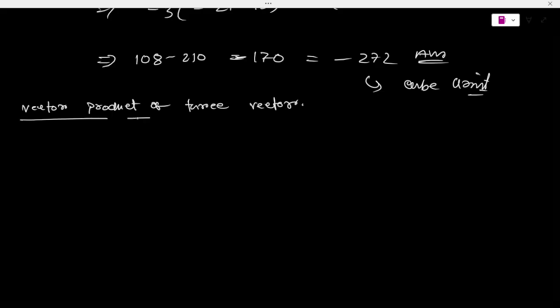So in the vector product of 3 vectors, how will I derive it?